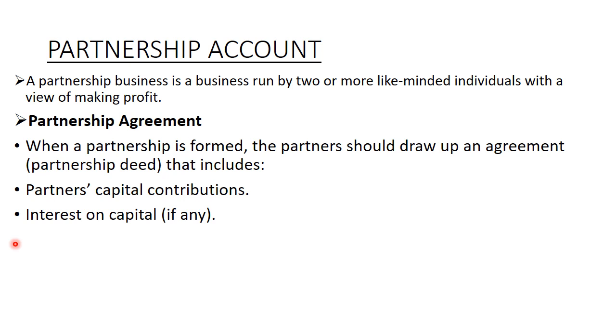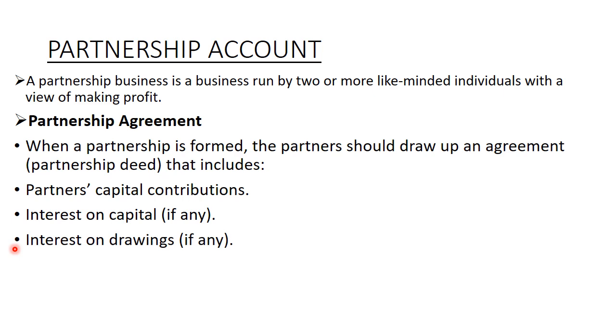So if a partner is willing to add more money into the business, an interest is given to them. That's how the partnership arrangement works. The partnership agreement is going to give information on this interest that should be given to a partner who adds capital.